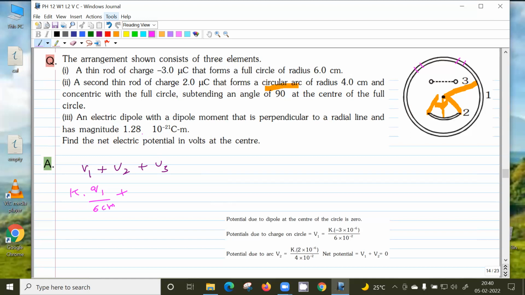And how much is V2? V2 is the potential due to the arc. So K into Q2 divided by the distance, 4 centimeters. And what about V3?